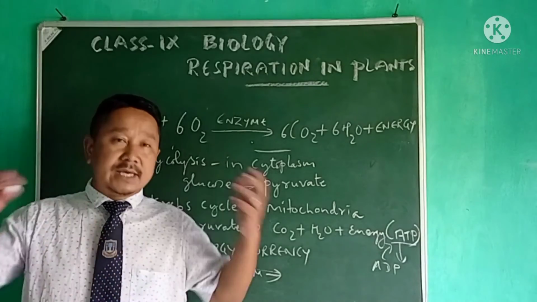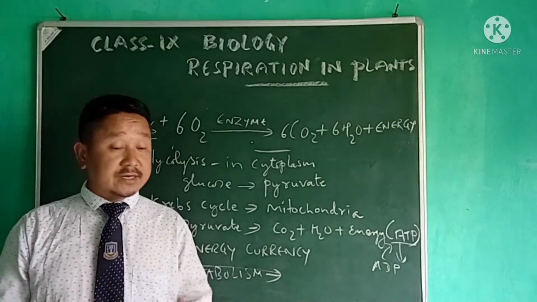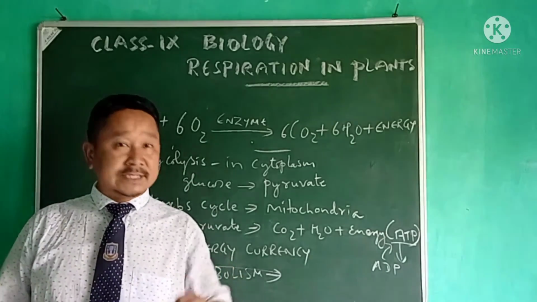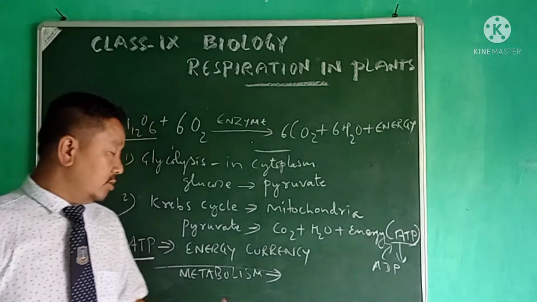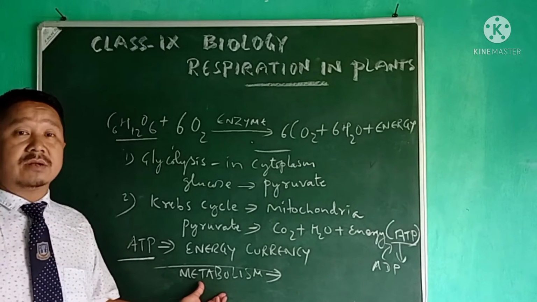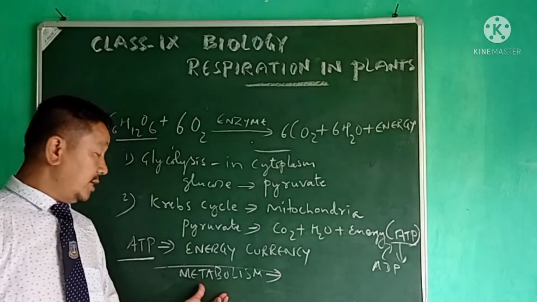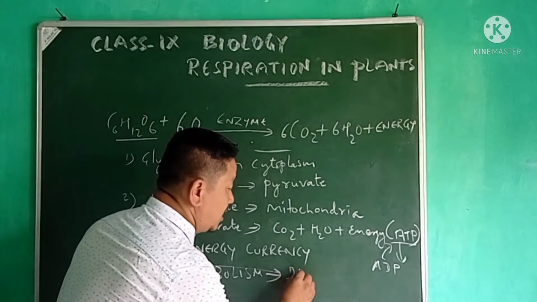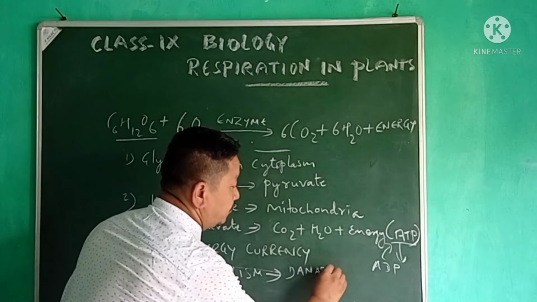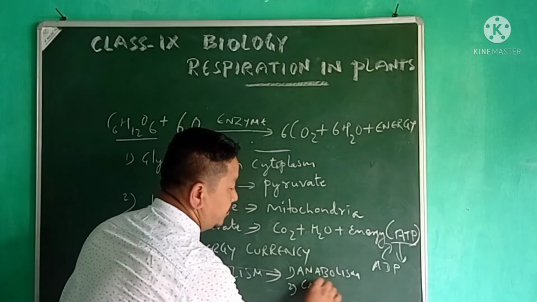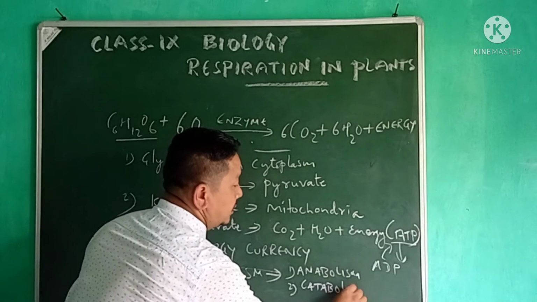There are so many chemical reactions taking place in the cells. The sum total of all the chemical reactions taking place in the body is called metabolism, which is of two types. They are anabolism and catabolism.